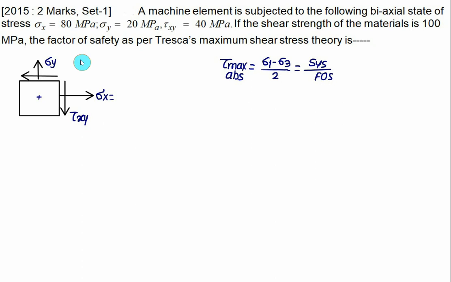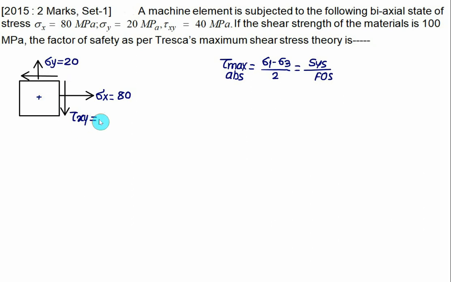We have been given sigma x equal to 80 megapascal, tensile in nature. Sigma y is also equal to 20 megapascal, tensile in nature. And the shear stress is given as a positive value. It means that you have to show the direction of shear stress in such a way that if it is rotated about the center, it will make a clockwise rotation.